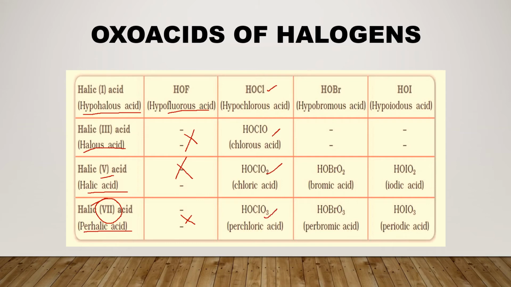For bromine, there are hypobromous acid, bromic acid, and perbromic acid. And for iodine, similar to bromine, hypoiodous acid, iodic acid, and periodic acid. So these are the oxoacids of halogens.